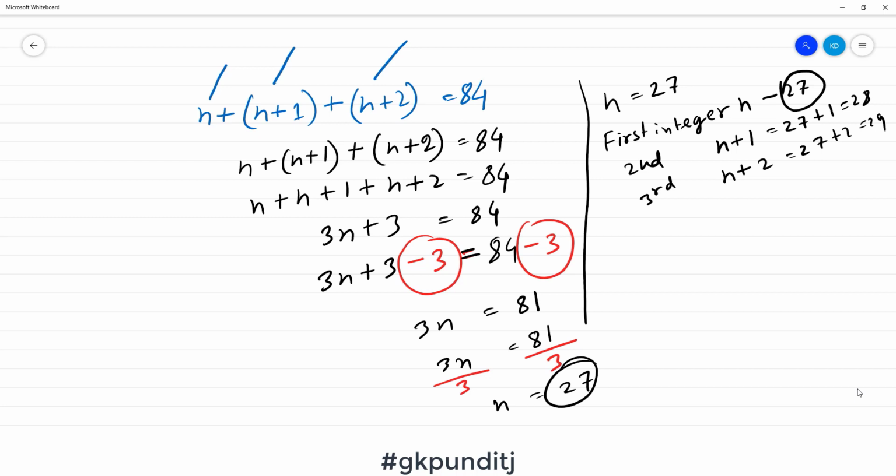Finally, let's do a quick check to make sure that the sum of the consecutive integers, 27, 28, and 29, is indeed 84. Given this original problem, we are going to check this one.